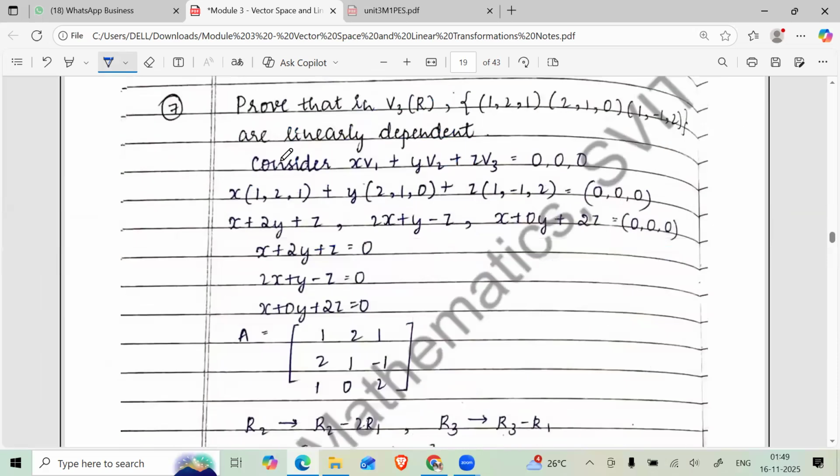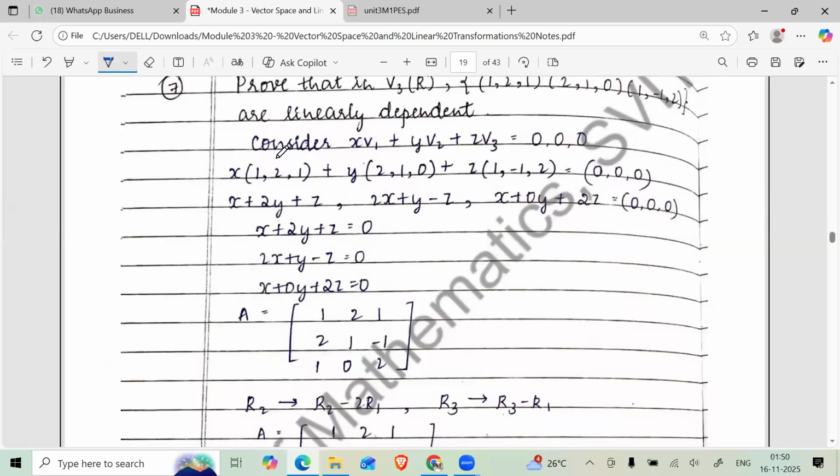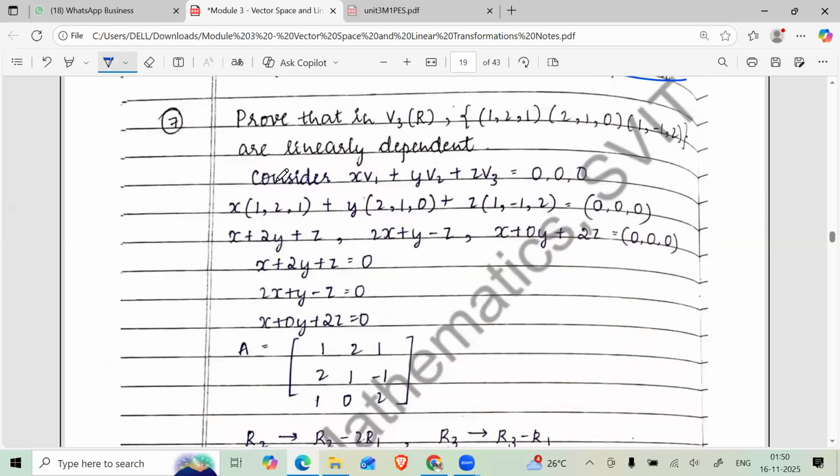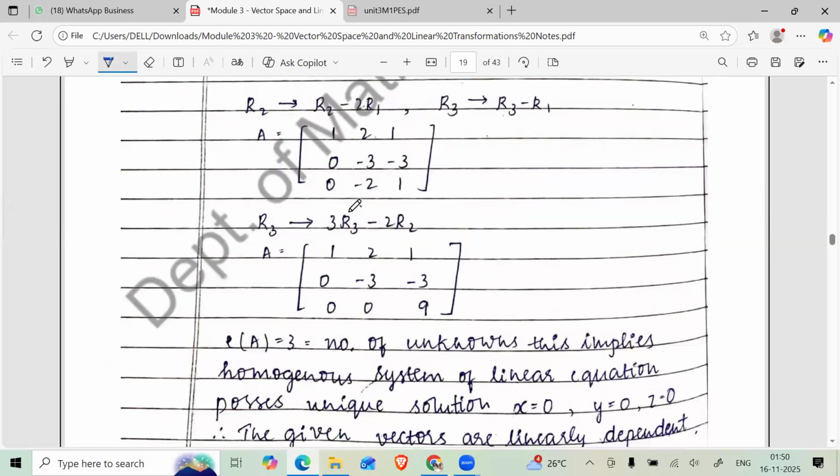Similarly, next question also. Prove that linearly dependent. So same story, X, 1, 2, 3. 3 terms are there. Nothing is given, so 0, 0, 0 I'm considering. Then frame 3 equations, do a row elementary column transformation, but before that only you'll come to know the answer. Here also we got rank is what? 1, 2, 3. And what is it?